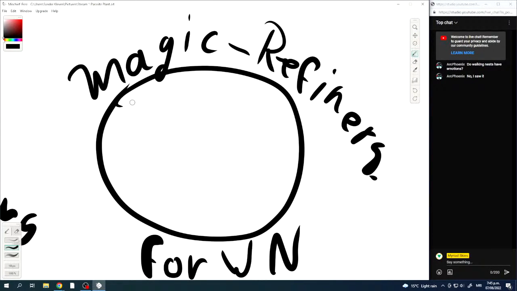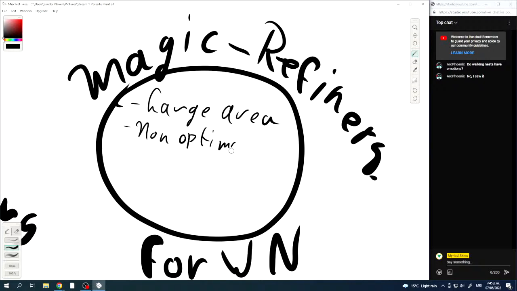Magic refiners will have a large area. Probably non-optimal. I'm gonna say greenery, but that's not entirely accurate because, well, of how things work. Like things don't look green in A7. But basically, they don't have an optimal coverage of like leaves and such.